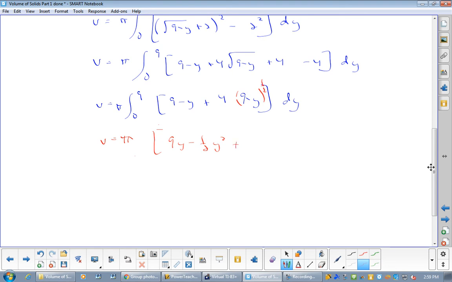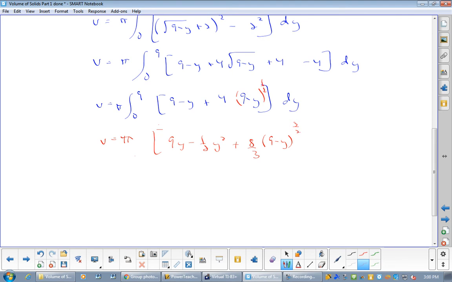So 3 over 2, so that's 2/3, 2/3 times 4 would be 8/3. And then 9 minus y to the 3 over 2.